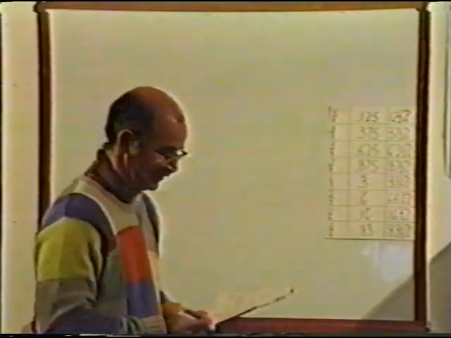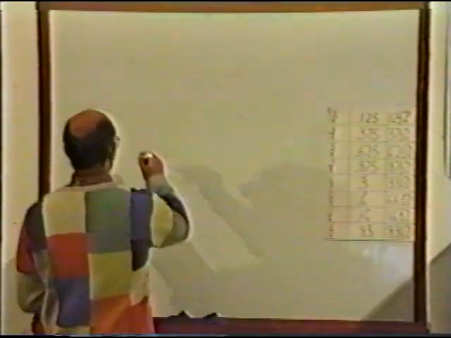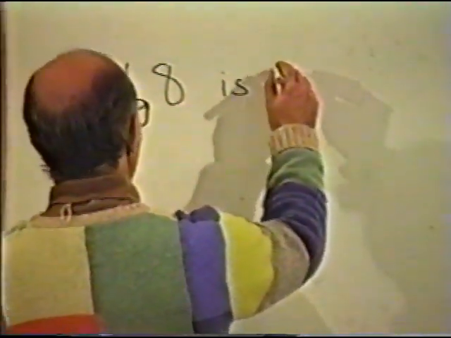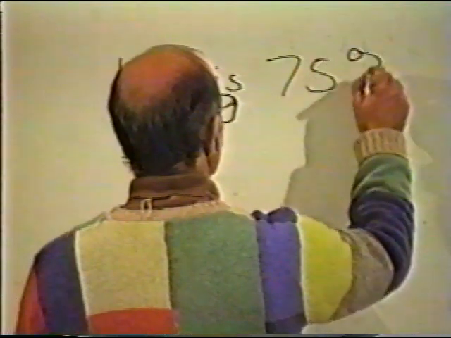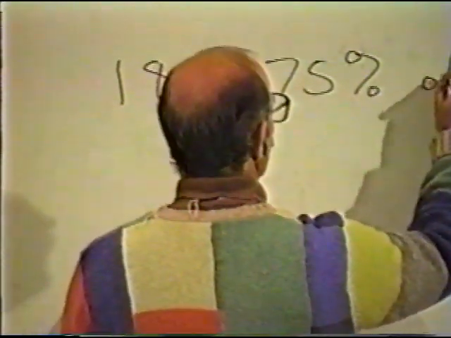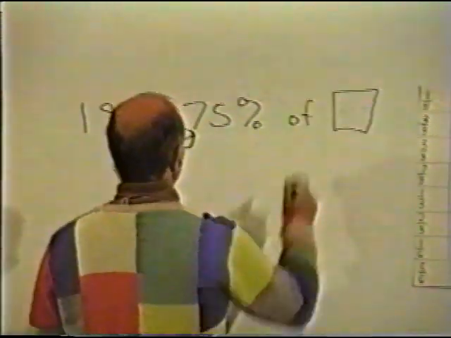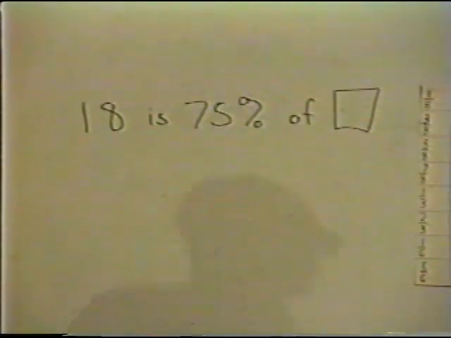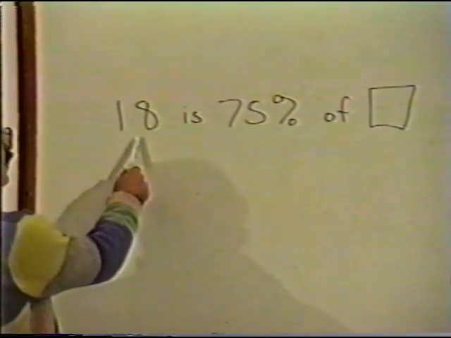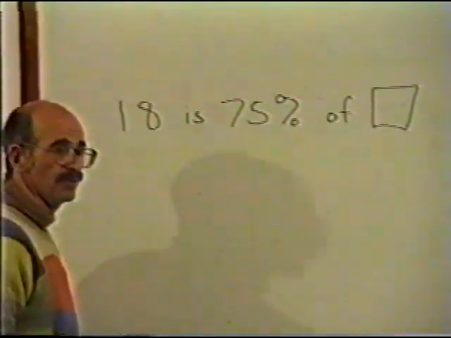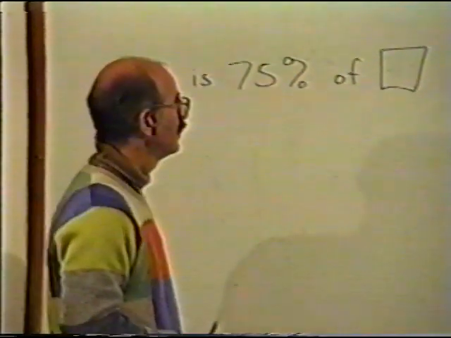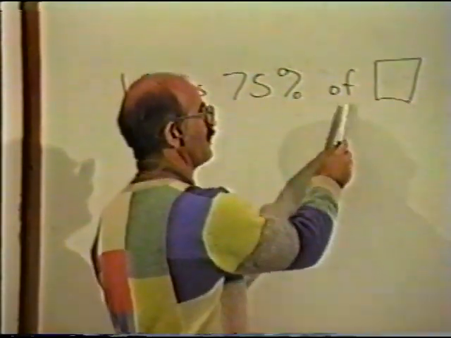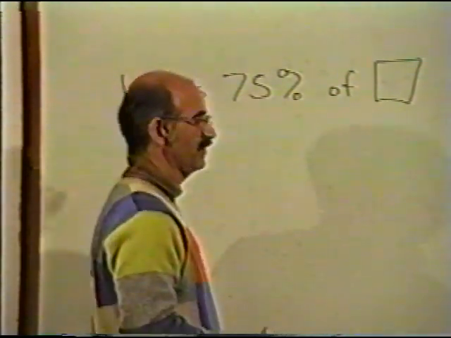Here's the first one. 18 is 75% of what? Do you know the percent? Yes. Do you know the part of the whole? Yes. Do you know the whole thing? No. You don't know the number that comes after the word of.